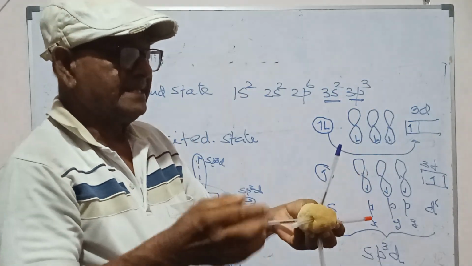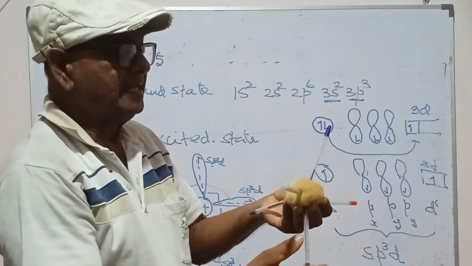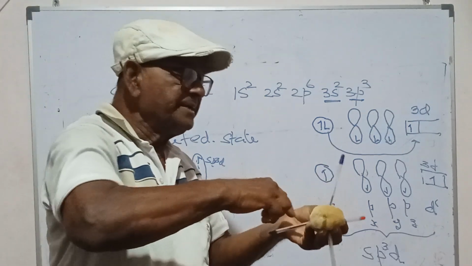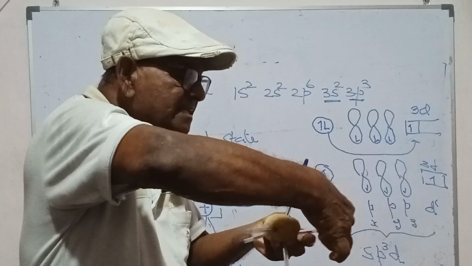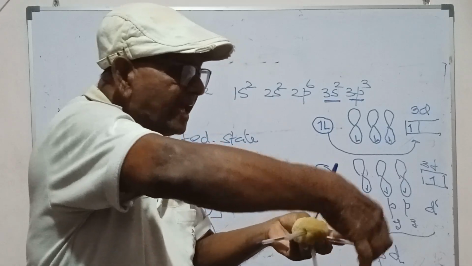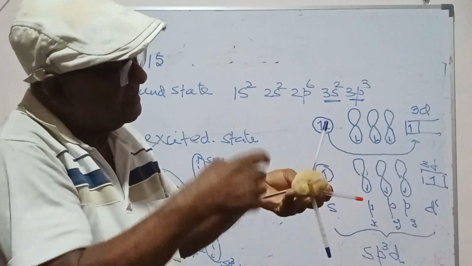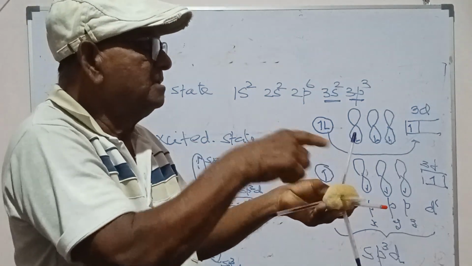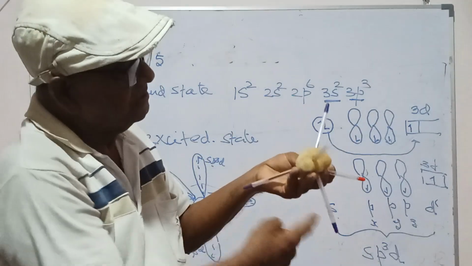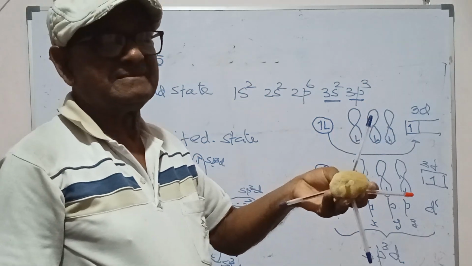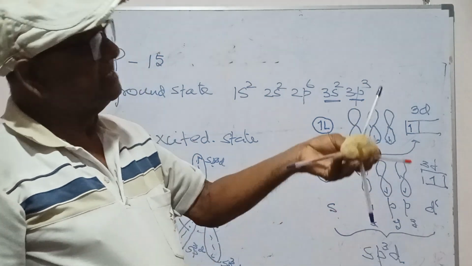Altogether, that arrangement has 3 angles of 120 and 6 angles of 90 degrees. 1, 2, 3, 4, 5, 6 angles. This is the arrangement.